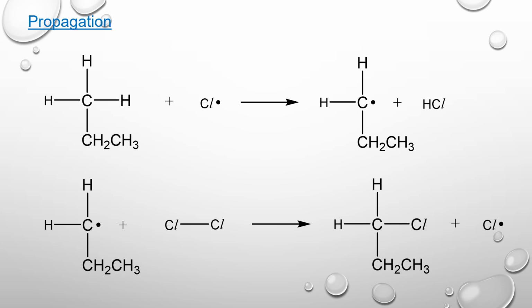In the propagation stage, we need two steps to substitute one hydrogen atom with chlorine. The relevant C-H covalent bond must be shown clearly in the propane molecule to ensure that the correct hydrogen is eventually substituted. In this case, we need to show the covalent bond between carbon 1 and its hydrogen.